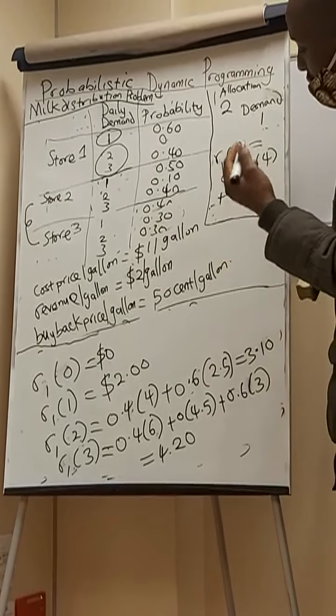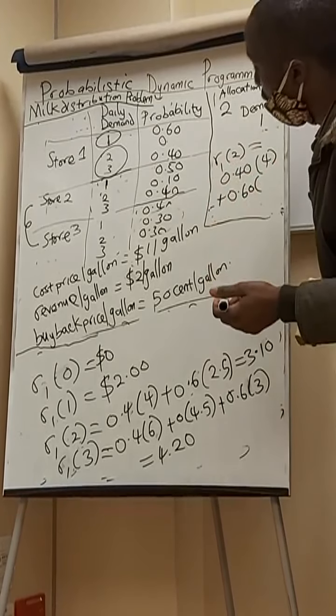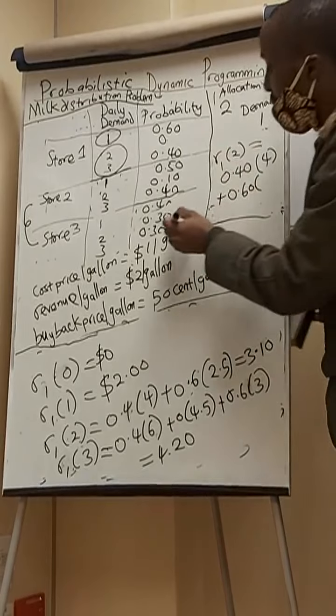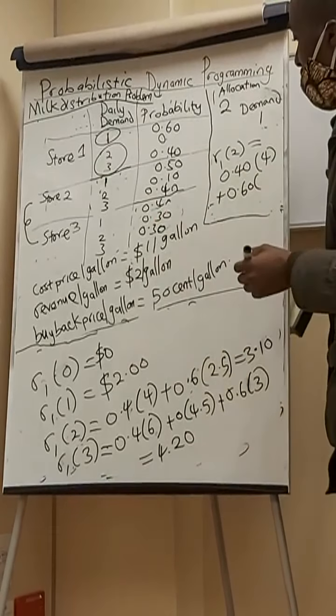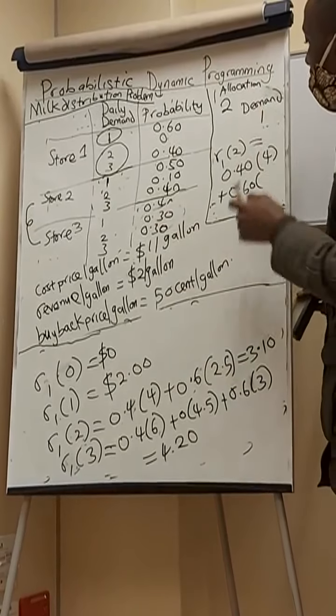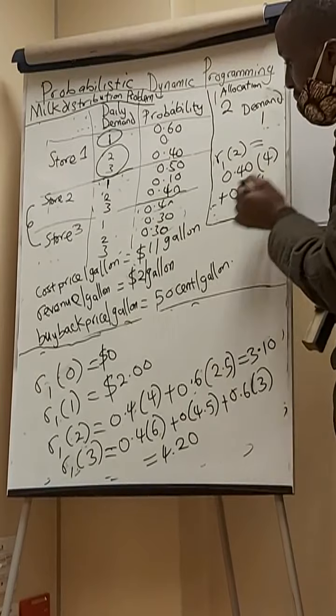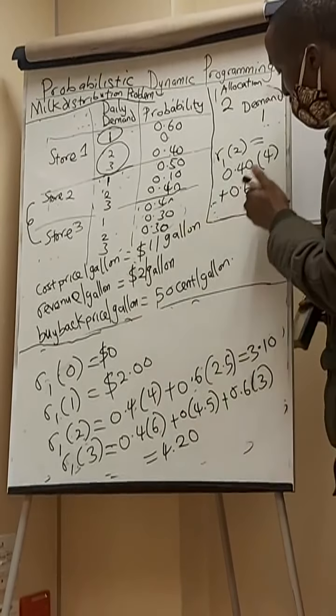So if demand is 1 with a 60% chance, what would our revenue look like? For selling 1 gallon, you have $2.